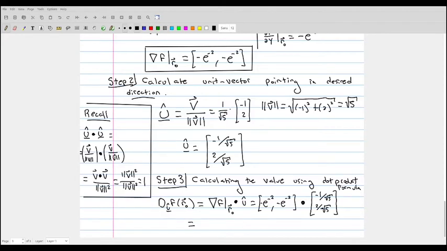Which is equal to the sum of this times this plus this times this, which will be e to the negative 2 times 1 over square root of 5. The negative signs in this multiplication cancel out, plus e to the negative 2 times 2 over square root of 5. And unfortunately, the negative signs don't cancel out here, so this is actually going to be a negative minus.